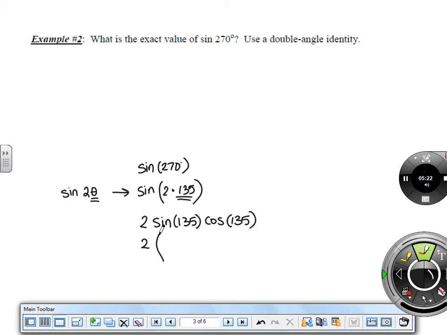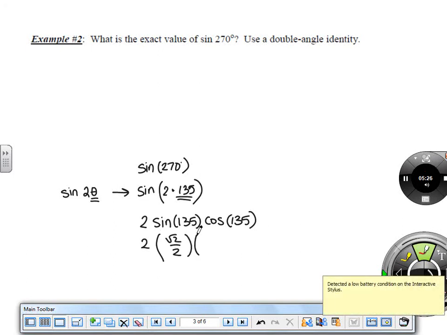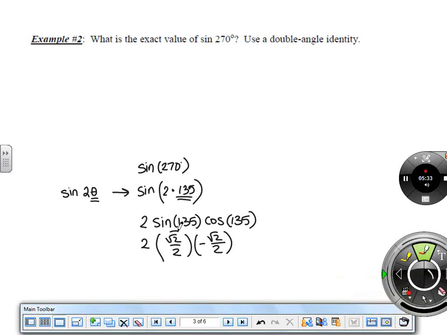So this is 2 times root 2 over 2 and negative root 2 over 2, which gives us, these would make 2, and 2 times 2 would make 4. Here, 2 times 2 would make 4. Negative 4 over 4, negative 1, which we know to be true because we actually know the sine of 270.